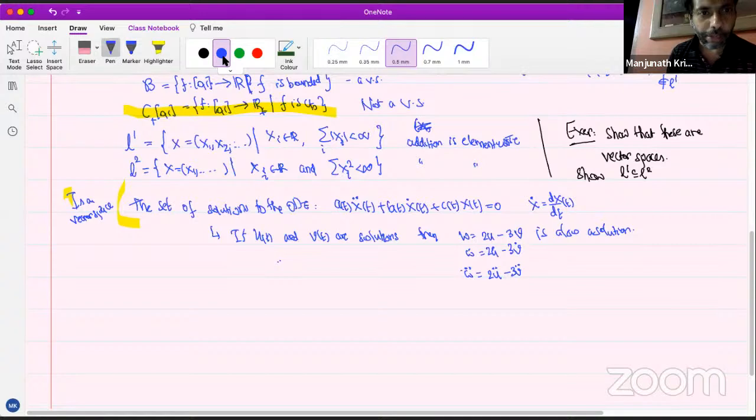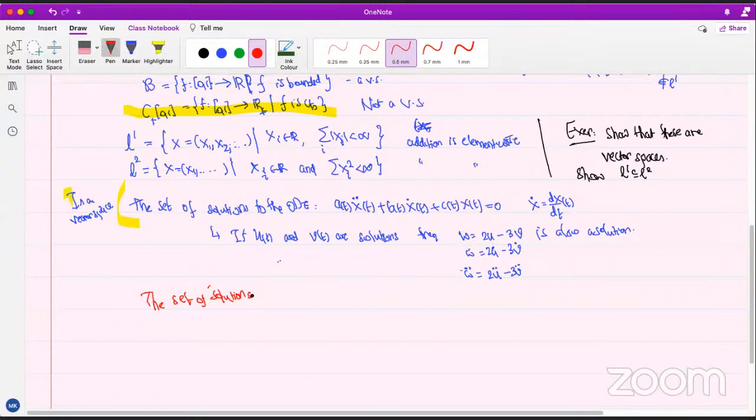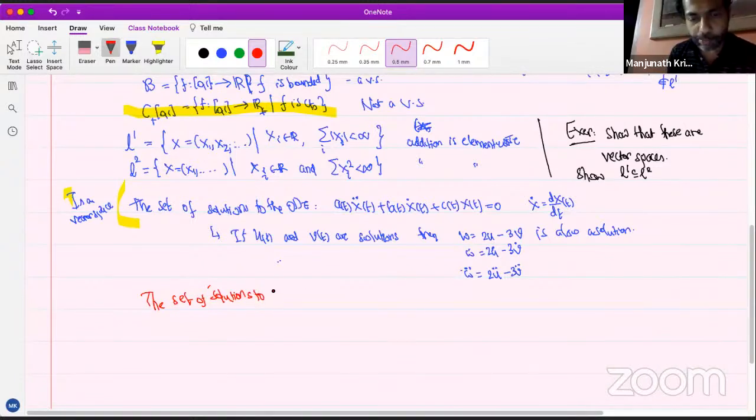Okay, now let me write what you said. The set of solutions to a linear homogeneous equation. So the set of solutions to a of t x double dot of t plus b of t x dot of t plus c of t x of t, let's say equal to 1, is not a vector space.